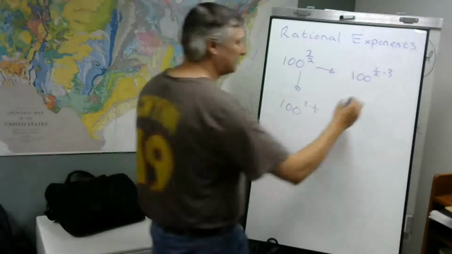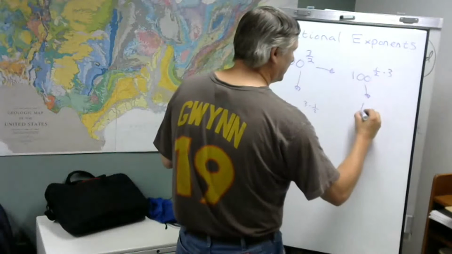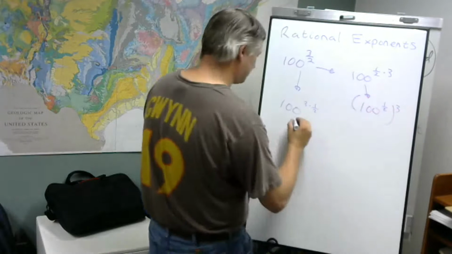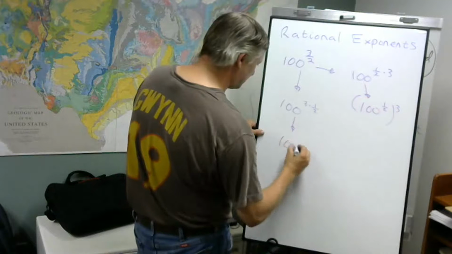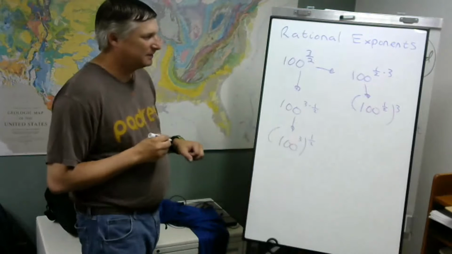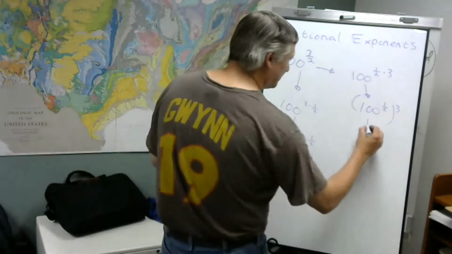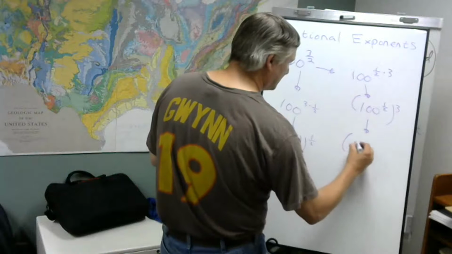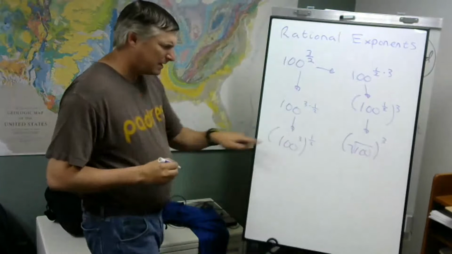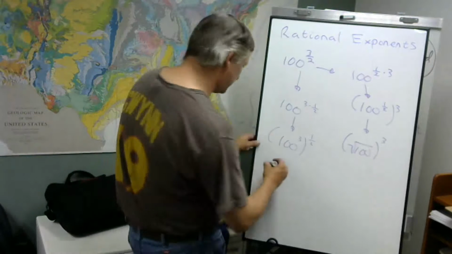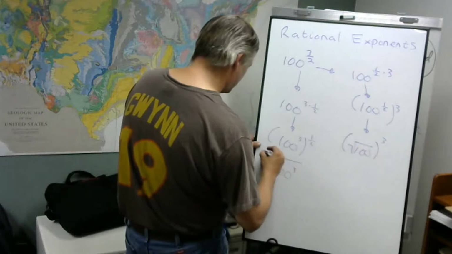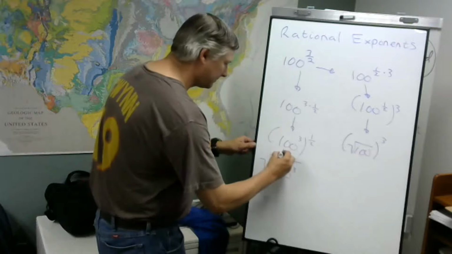So what this means is 100 to the 1/2 cubed, and 100 cubed to the 1/2. So what this becomes is the square root of 100, and we're going to cube it. Here, we're cubing 100 and taking the square root.